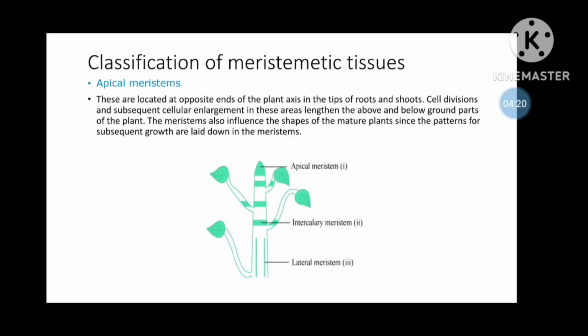The apical meristem has dividing cells, and the cells subsequently divide and form new cells, which results in the increment in length of the plant. The meristem also influences the shape of the mature plant, since the pattern of subsequent growth is laid down in the meristems. Right?